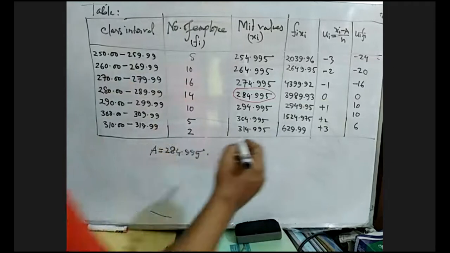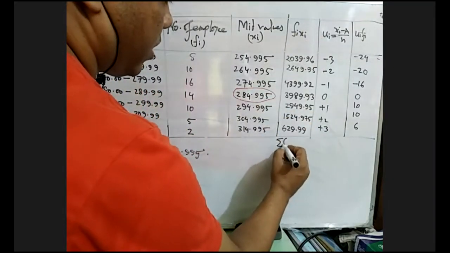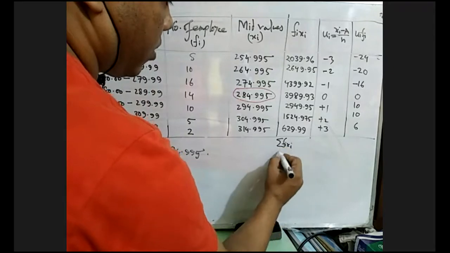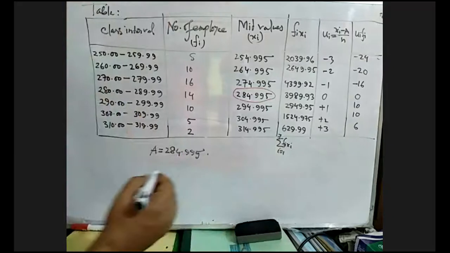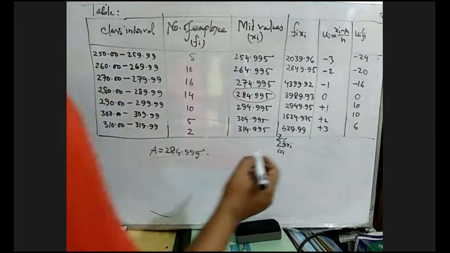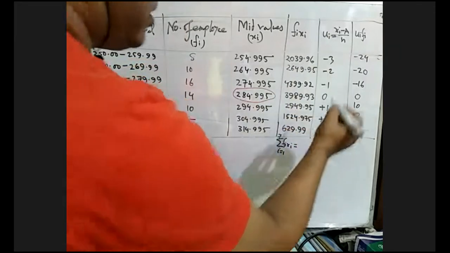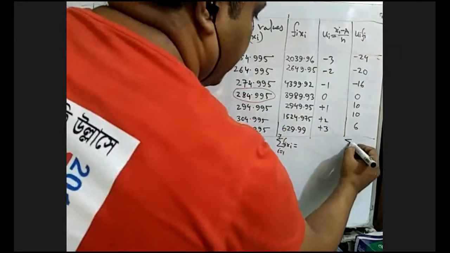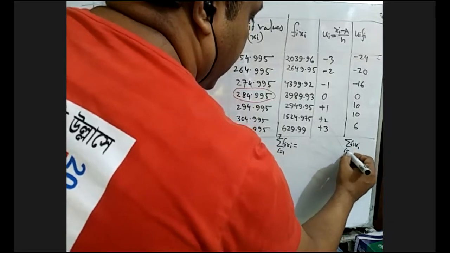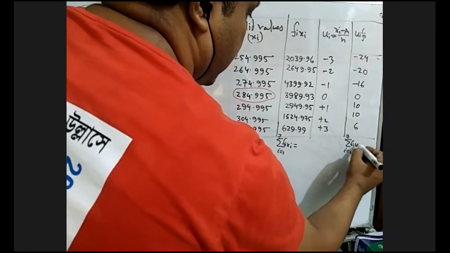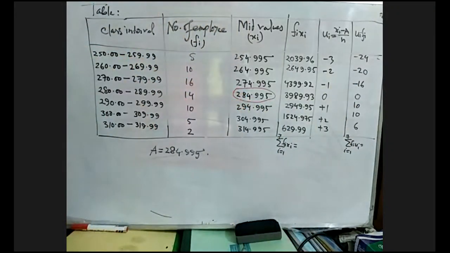Now the summation of fixi can be found, where i equals 1 to 7. Remember it, i equals 1 to 7. These values can be found by taking the sum of this column. Similarly, the summation of fiui, where i equals 1 to 7, will be given by the last column.